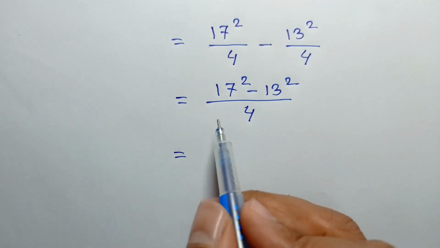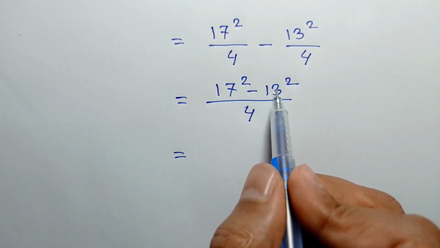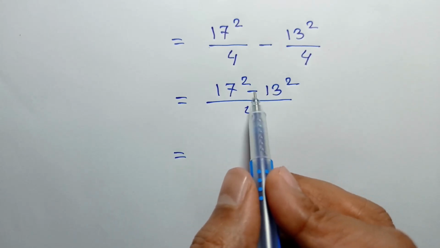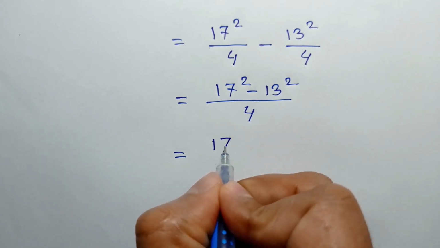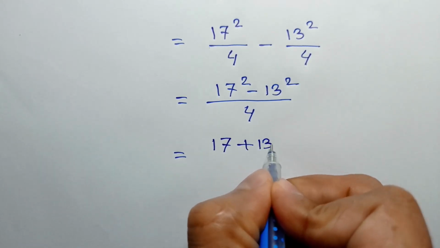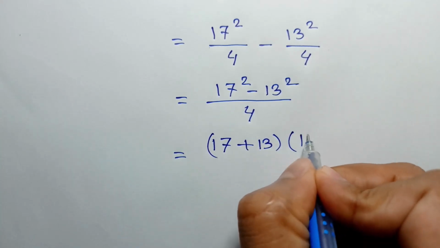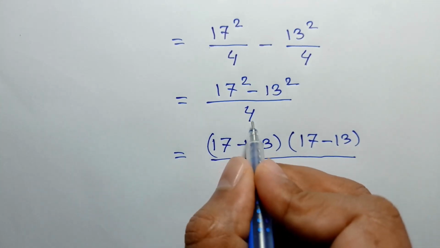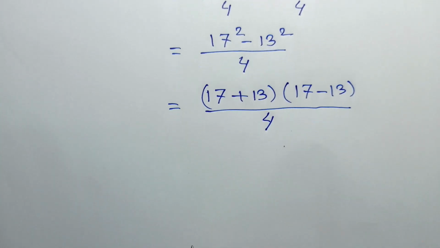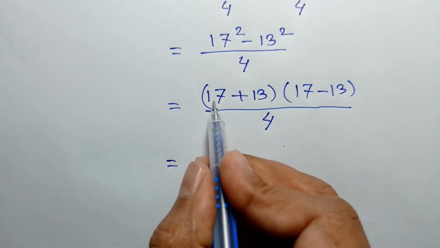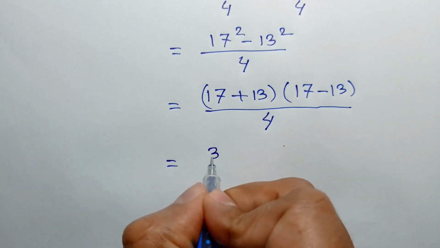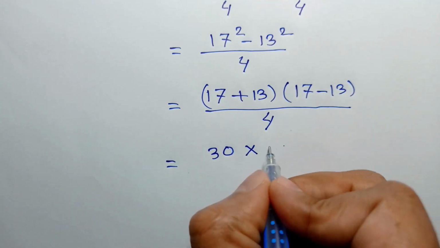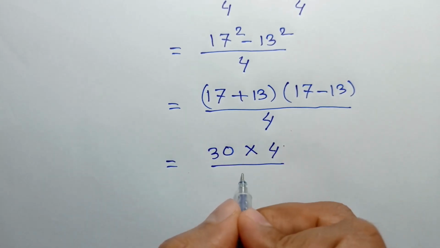Applying the formula a square minus b square is equal to a plus b times a minus b, we can write it as 17 plus 13 times 17 minus 13 over this 4, is equal to 17 plus 13 is 30 times 17 minus 13 is 4 over this 4.